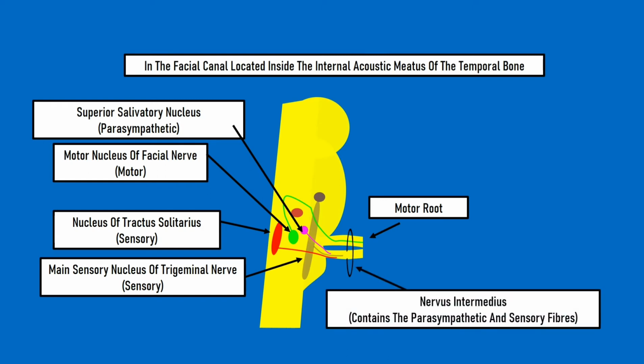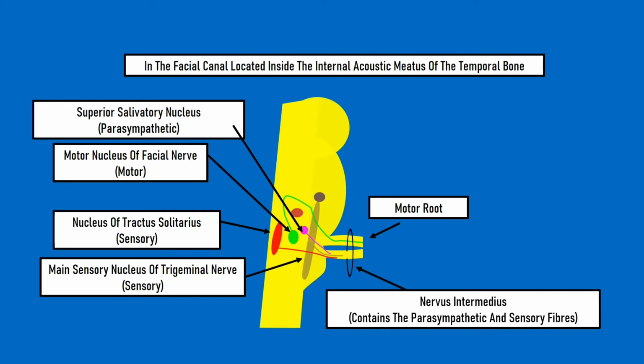The nervus intermedius is also known as the intermediate nerve or the sensory root of the facial nerve, but that is not exactly true, because besides sensory fibers, it also carries parasympathetic motor fibers arising from the superior salivatory nucleus.